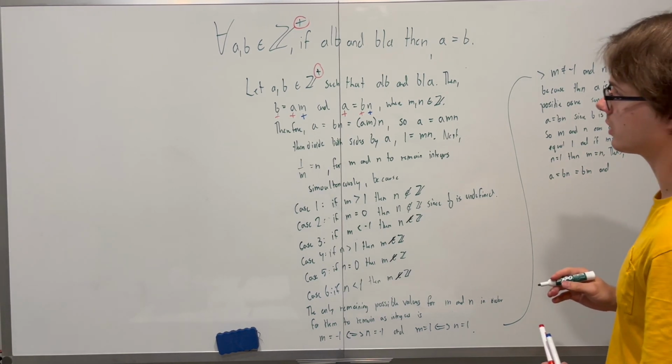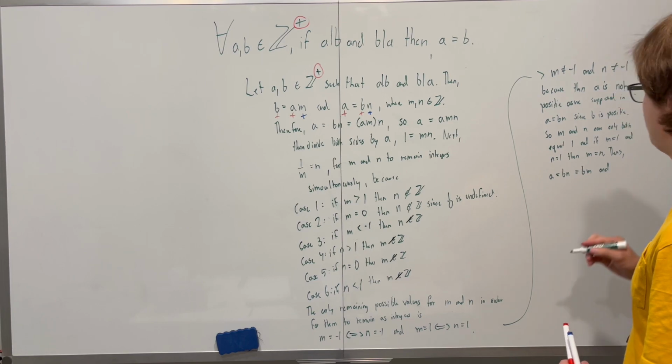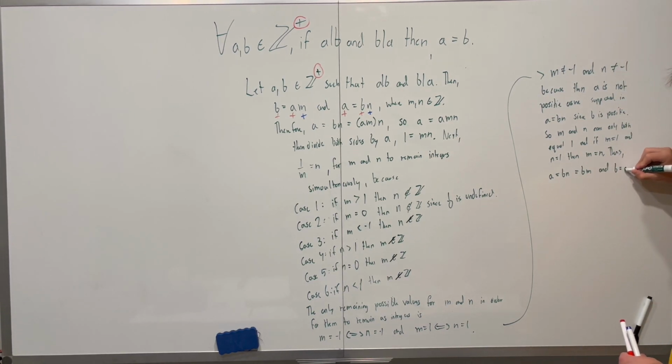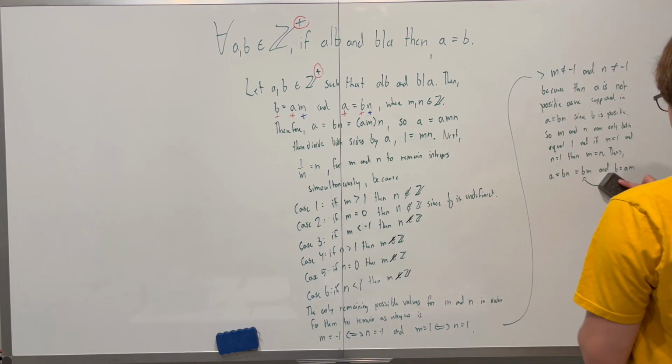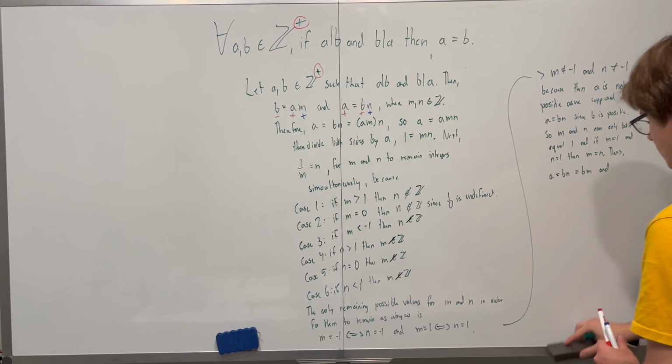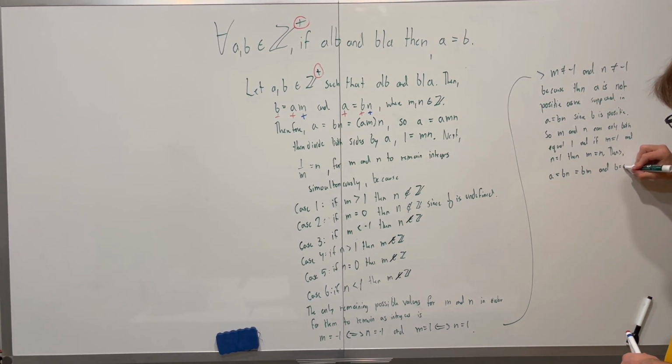And where can we go from there? We can say b is equal to am. So what we can then say is, let me think. Oh, I know what we can do. We can rearrange both of these equations for m.